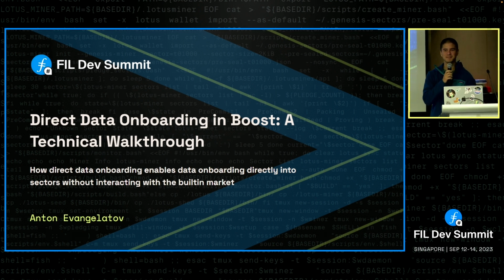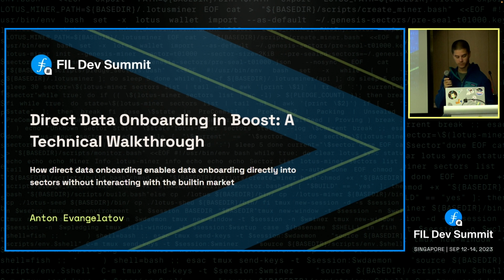The idea of direct data onboarding is that you can now add data to the Filecoin network without going through the built-in storage market actor. What this means is the following.